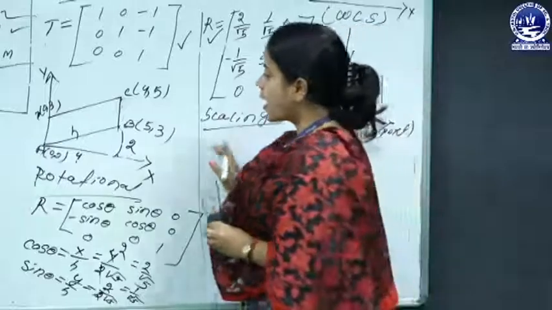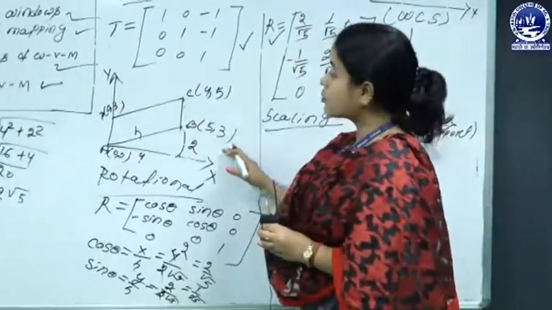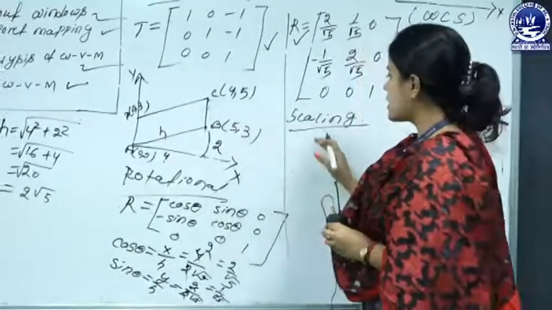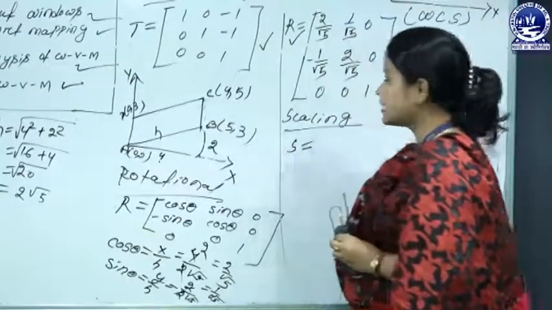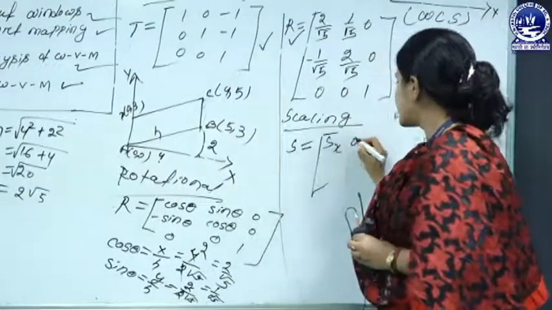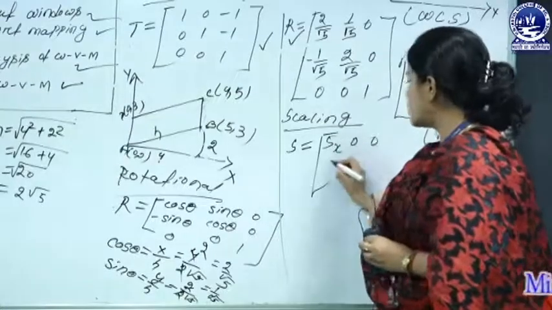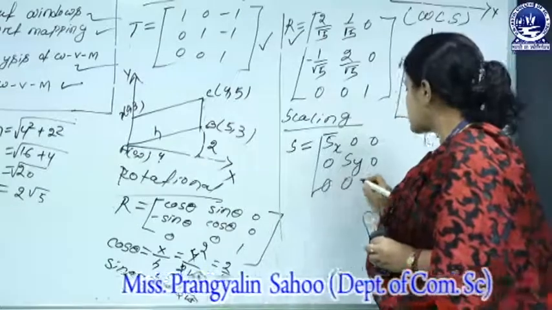So here is how to create a realistic image with the length provided by the viewport scenes. Here the scaling matrix is calculated: scaling S equals Sx 0 0, then 0 Sy 0, then 0 0 1.